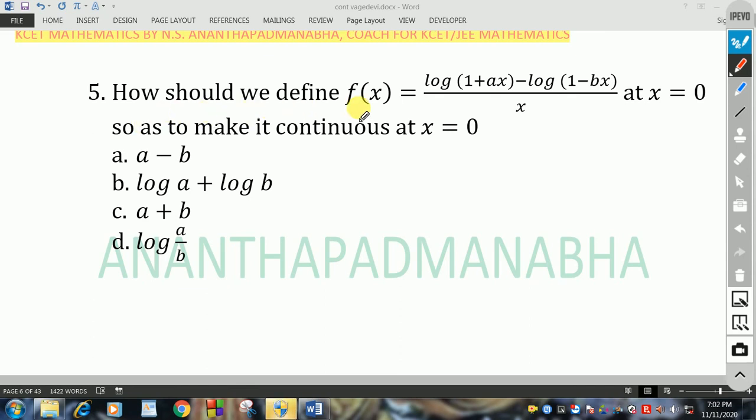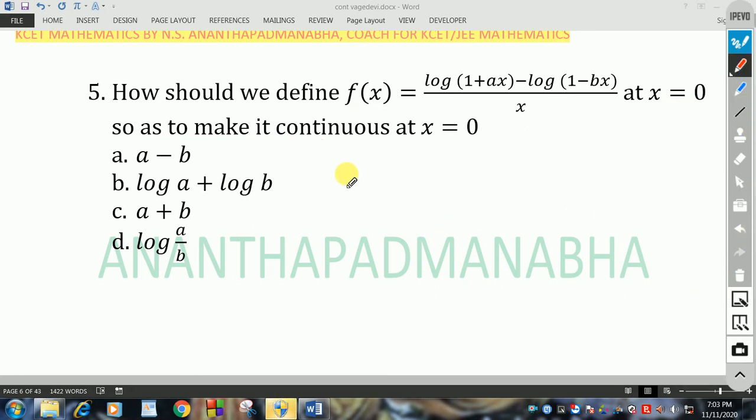How should we define f of x equal to (log of 1 plus ax minus log of 1 minus bx) by x at x equals 0, so as to make it continuous at x equal to 0? A similar question based on the definition. So I will use the definition again.